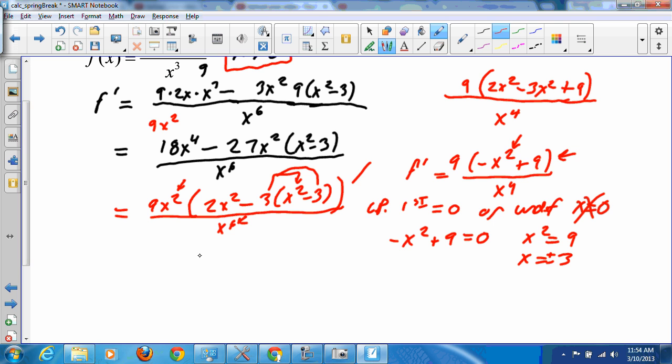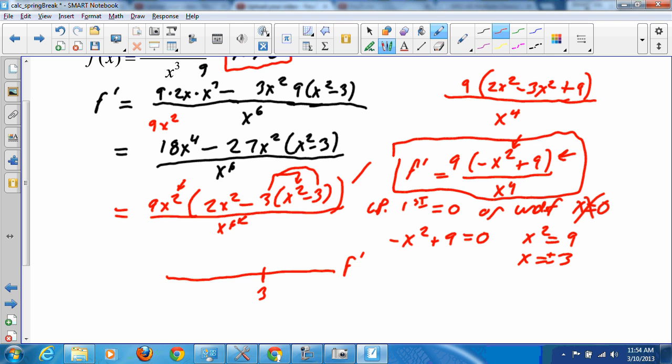At x equals 3, this is our first derivative test, so we're going to plug in a number to the left and a number to the right. Remember, we can't use 0, so let's use positive 1.